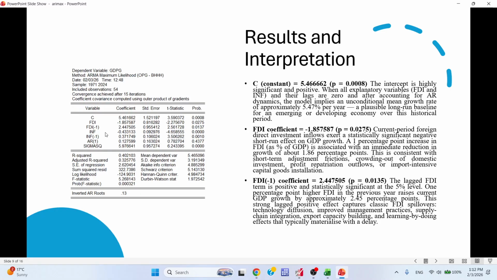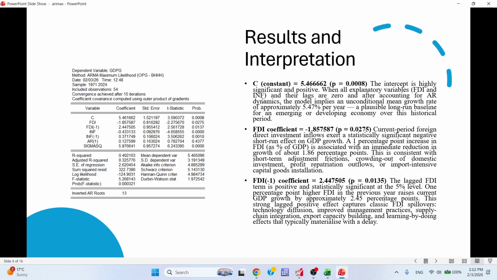So the next thing is this part of the table, where we can see the value of C, which means the intercept. The intercept shows the average value of the dependent variable when all other variables are 0. Its value is 5.46 and it is statistically significant because its probability value is less than 0.05.